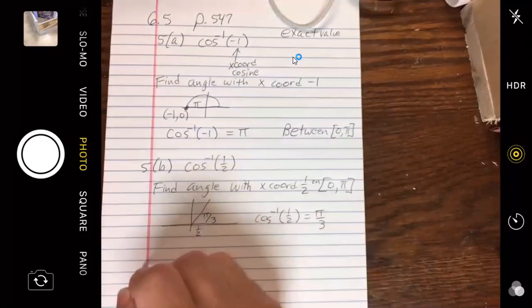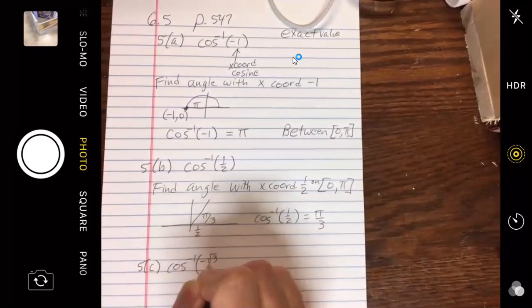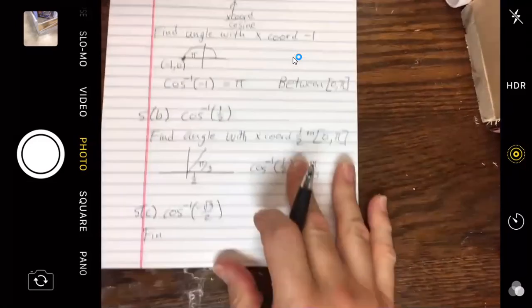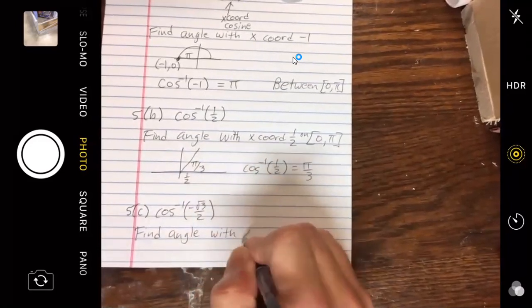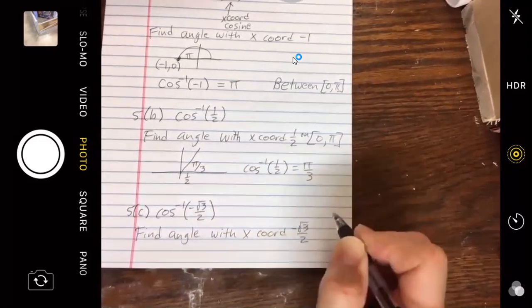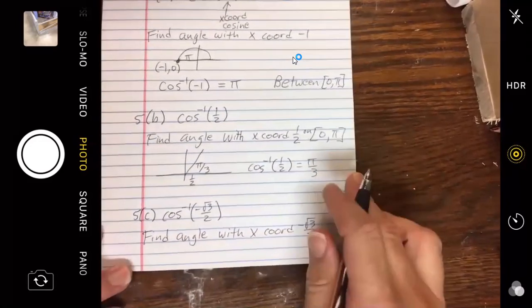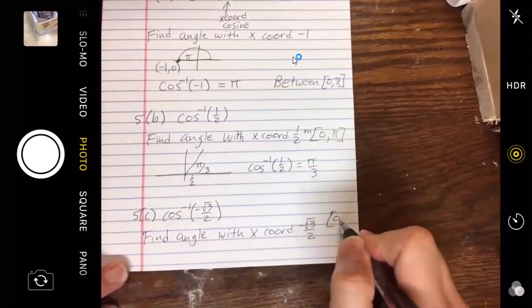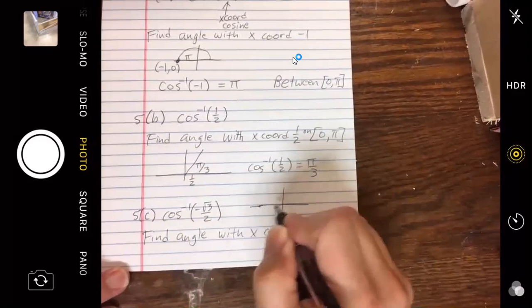If we check with 5C, arc cosine of -√3 over 2. Find the angle with x coordinate -√3 over 2. Again, you're on 0 to pi because it's arc cosine.